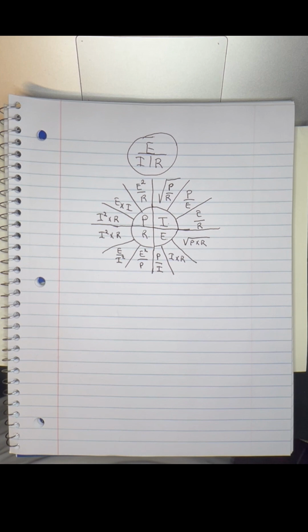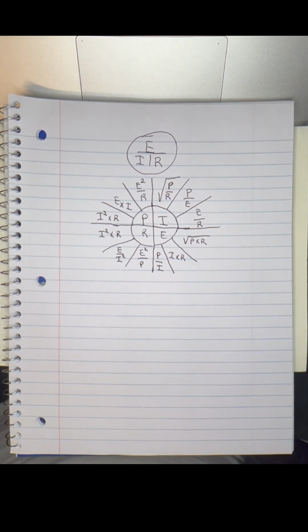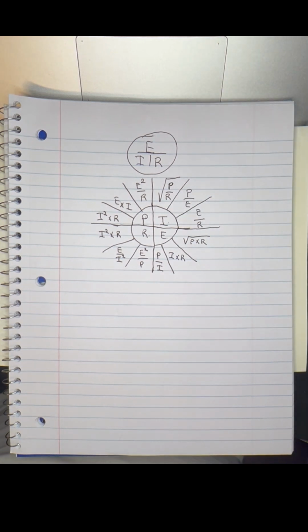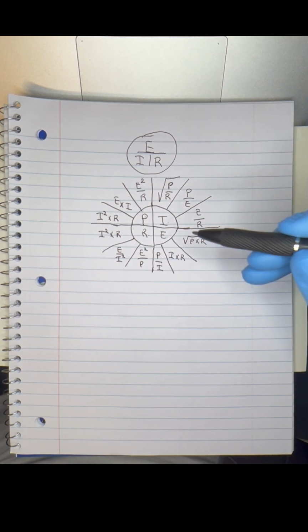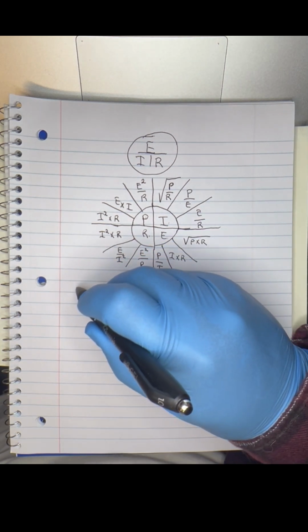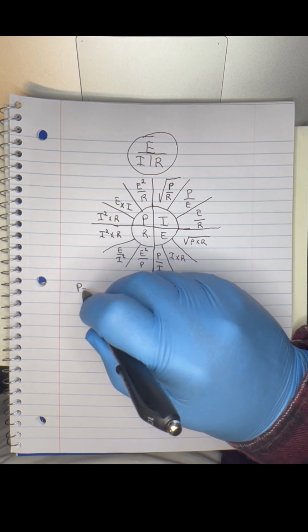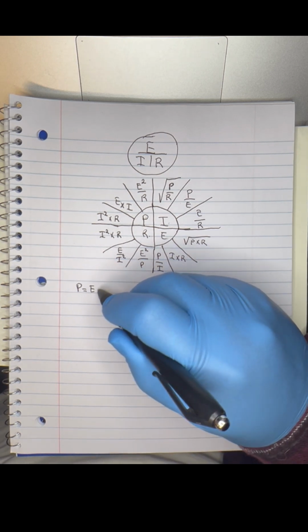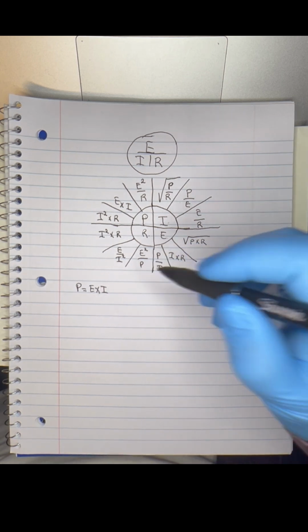Okay guys, so for example, we already talked about P. So for example, if you're trying to find P, you need to know what E times I is.